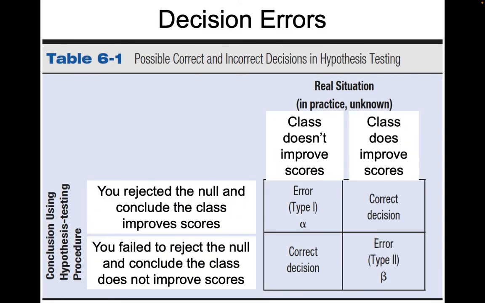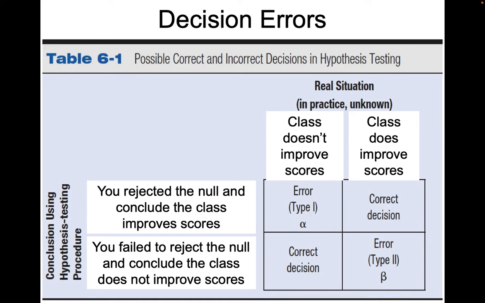Okay, so using the example from this lecture, with our LSAT test prep class, we rejected the null and concluded that our class improves scores. Well, that would be correct if our class does in fact improve scores, but it would be a type 1 error if our class doesn't improve scores.